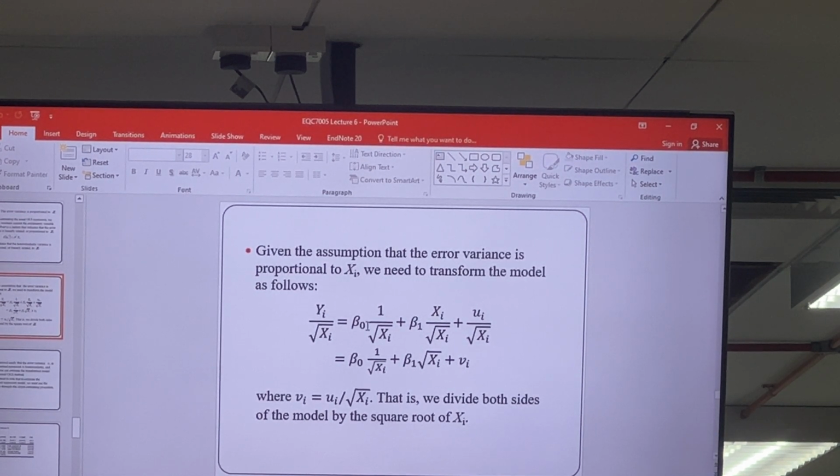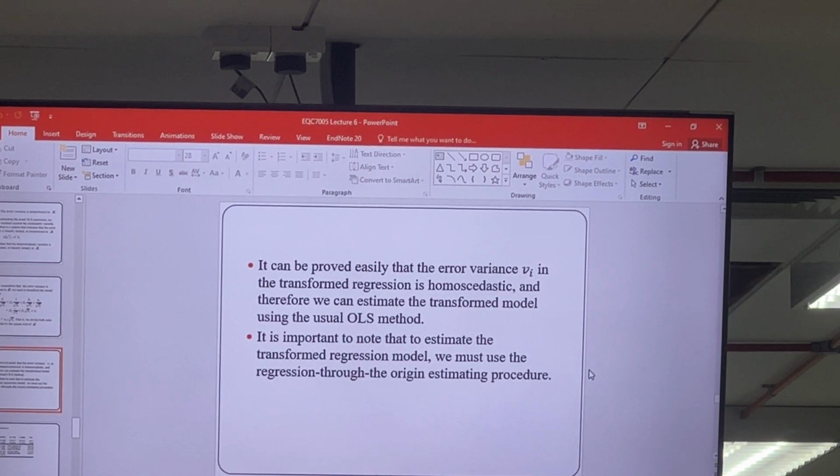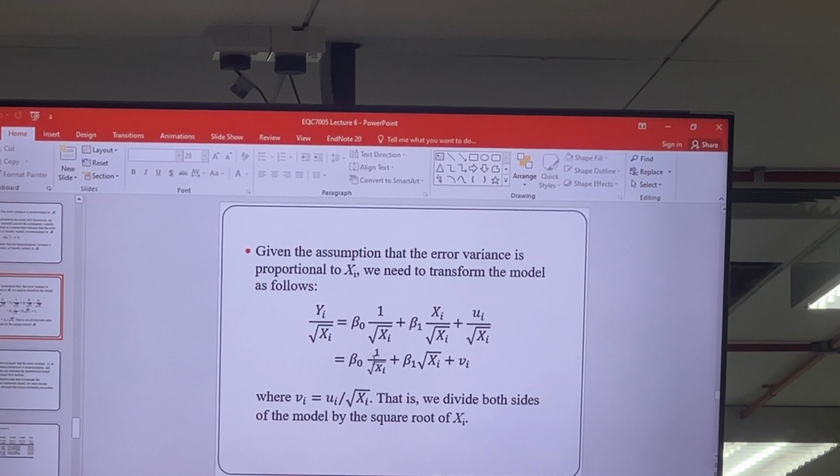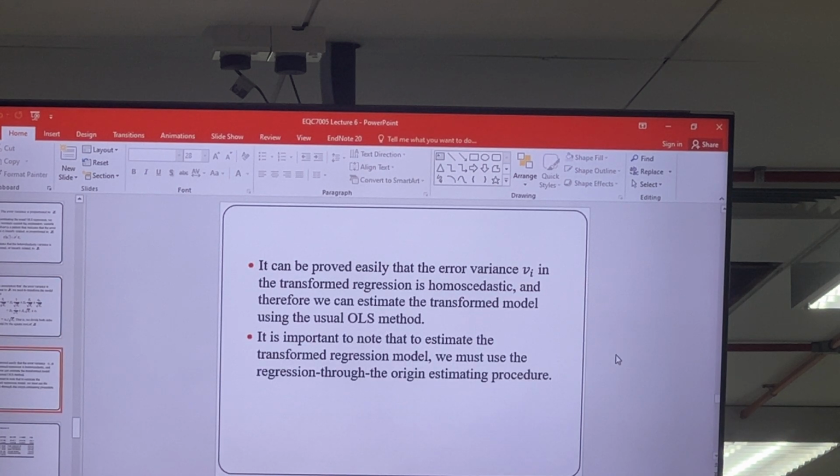So now the original intercept becomes just like a new regressor in the transformed equation, 1 over square root of xi. So we must use the regression through the origin, meaning without intercept, because the original intercept now becomes a new regressor.